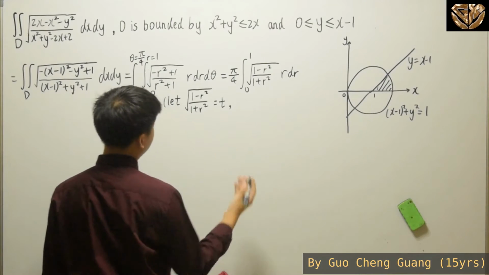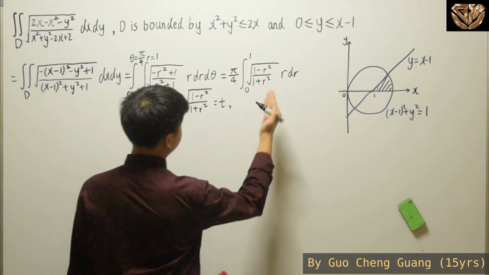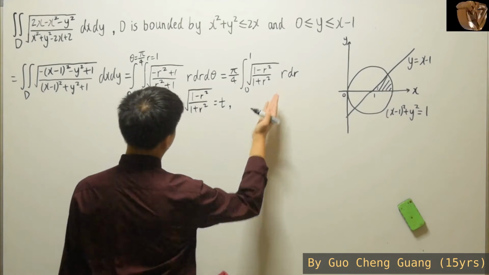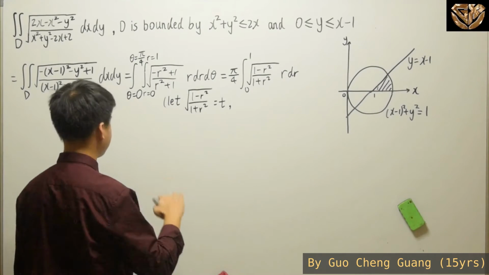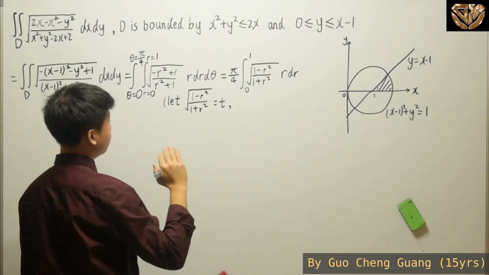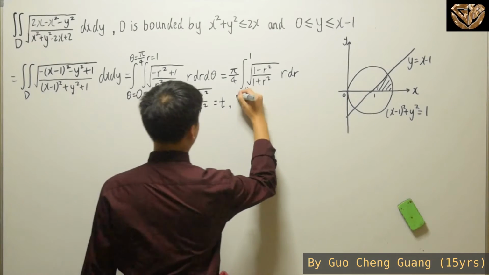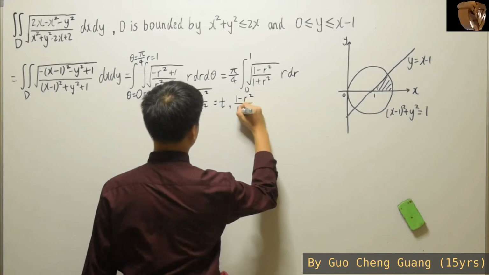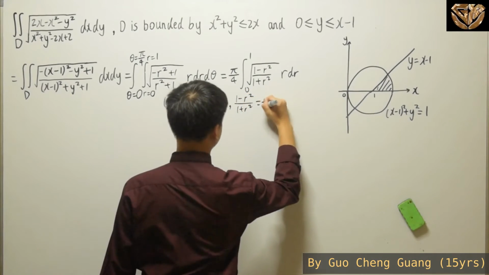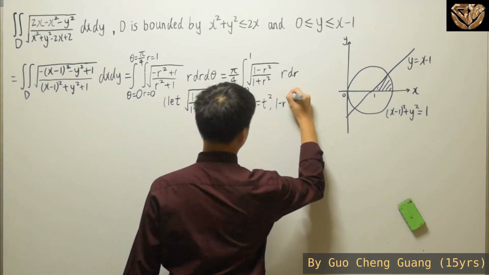Next, of course, we will have to find r in terms of t. Whether you want to find your dr or you want to find your r, which you will see something magical later. So let's change this from t in terms of r to r in terms of t. Well, first thing is obviously you have to square on both sides. Then of course you multiply to the other side.